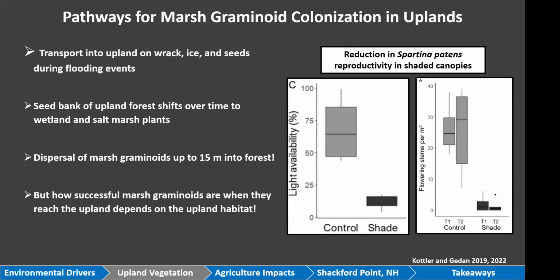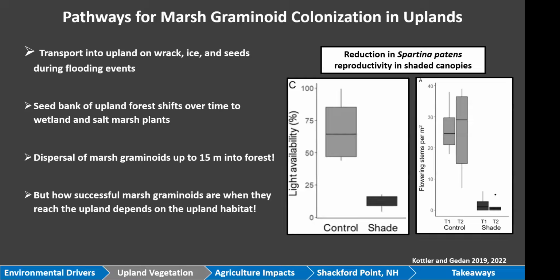They did some great seed bank studies where they took soil cores along a transect into the woods and tried to germinate them. What they found was a significant decrease in the seed bank of upland species, and it was decently comprised of marsh graminoids, despite the fact that there weren't any actual marsh graminoids under the forest yet.